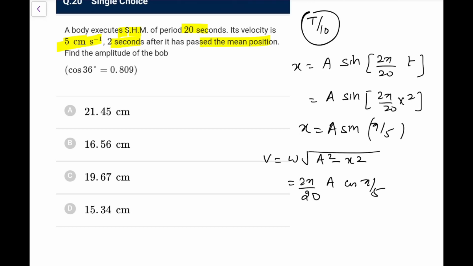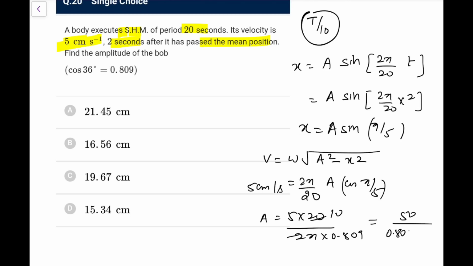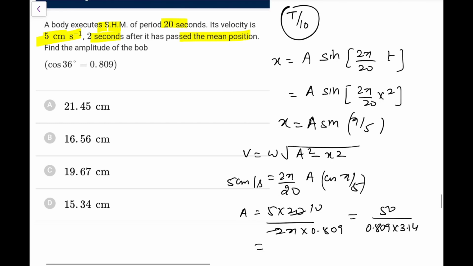I can directly write cos pi by 5, and this is 5 centimeter per second. So now amplitude I can write as 5 into 20 upon 2 pi, and that cos pi by 5 is 0.809 you are left with. So it is 50 upon 0.809 into pi, so 3.14 I can say. Now 3 8s are 24.25 something, so it would be very close to 20.